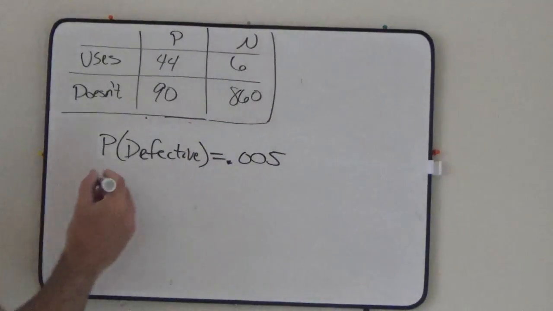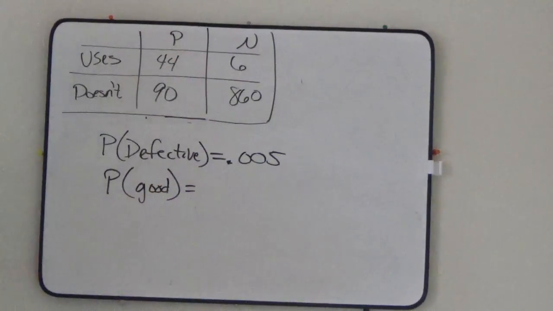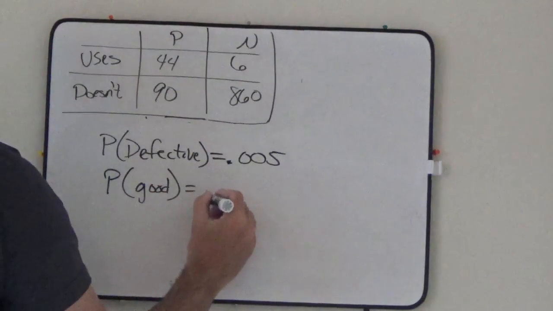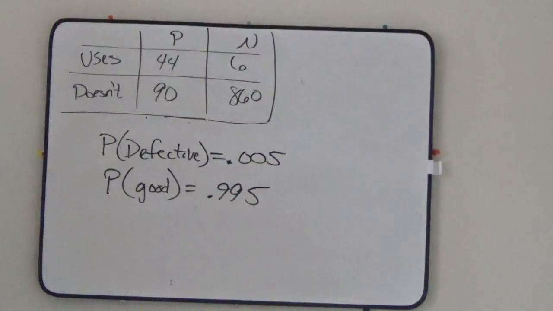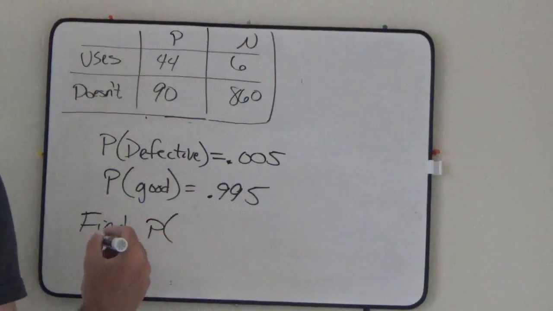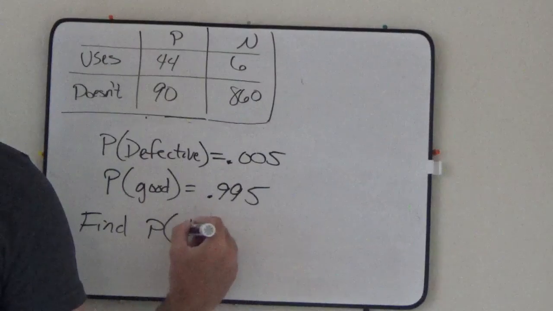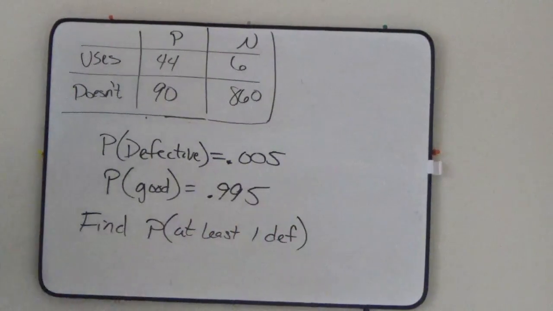The probability of getting a good DVD, that probability then is 0.995. We want to find the probability of at least one defective DVD. Okay? The probability of at least one defective DVD out of all 50 DVDs.